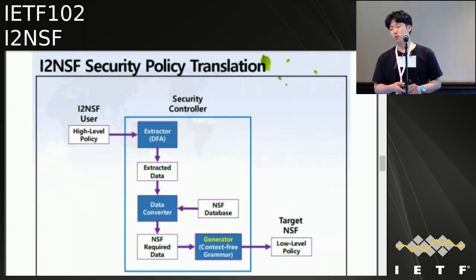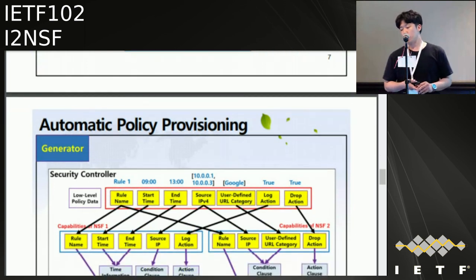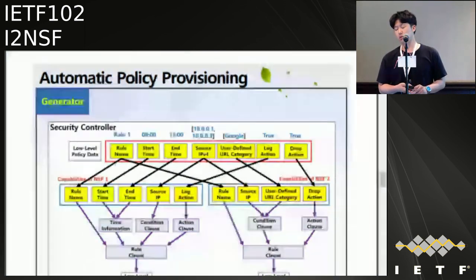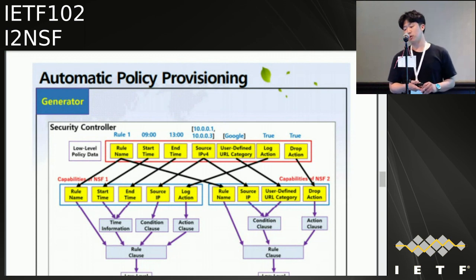And this is the step of security policy translation. First, extract the data from the high-level policy using the extractor, deterministic finite automata, and convert the data into NSF required data. And then make the low-level policy using the context-free grammar. The top of the tree is the NSF required data, matching the capabilities using context-free grammar.